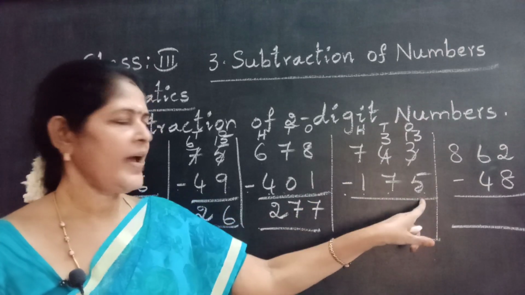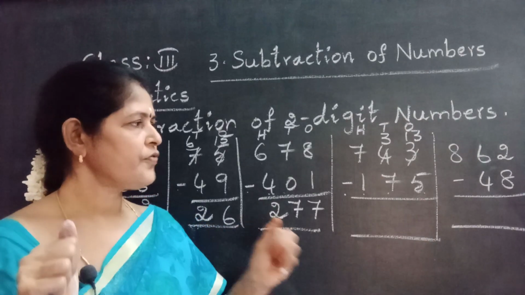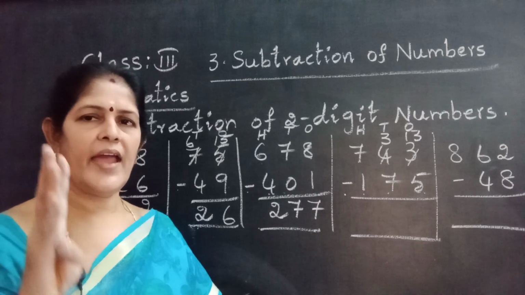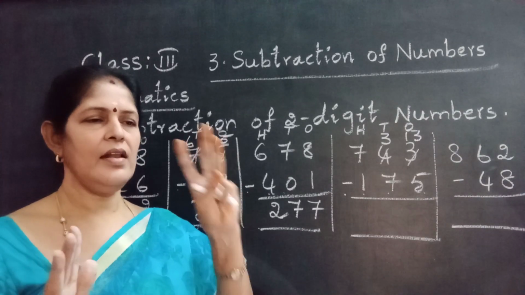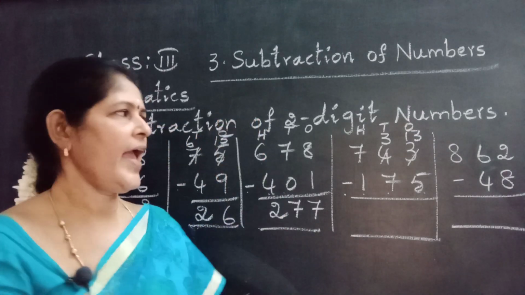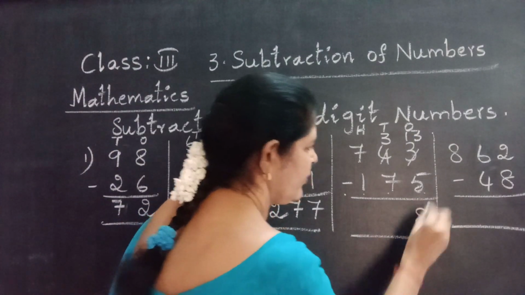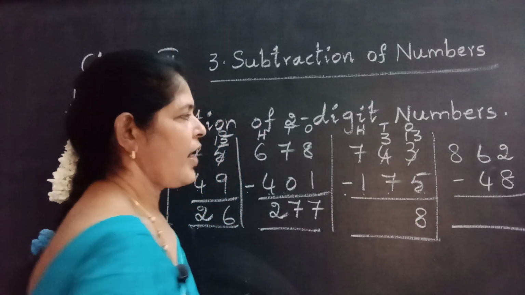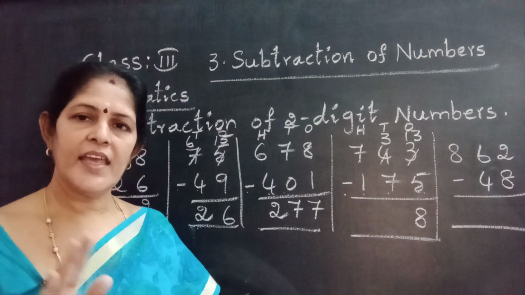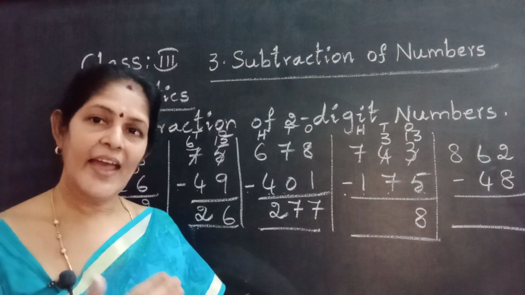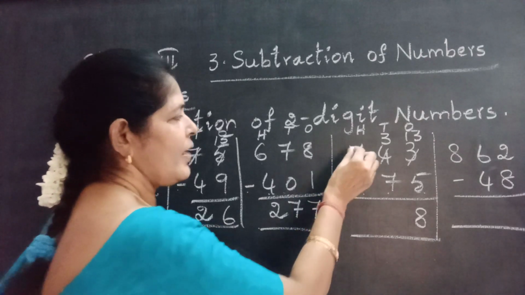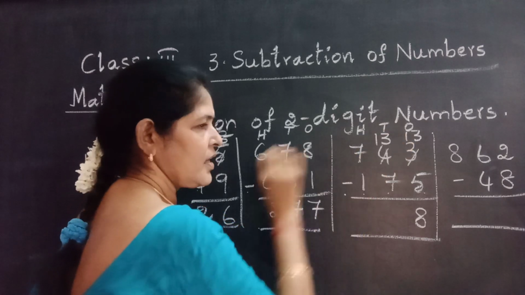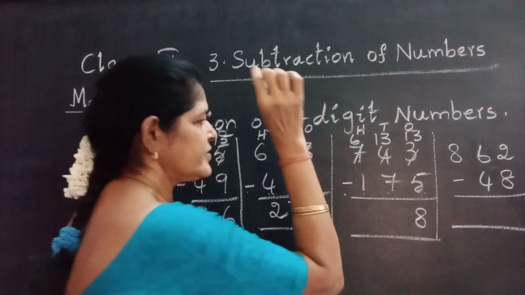Now 13 minus 5 is possible. Close fingers. 5, after it 6, 7, 8, 9, 10, 11, 12, 13. How many fingers? 8. 13 minus 5 is 8. Now 3 minus 7. It is also not possible. Why? 3 is less than 7. Again borrowing. Again one number moving from hundreds to tens. Then 3 becomes 13. 7 changes into 6.